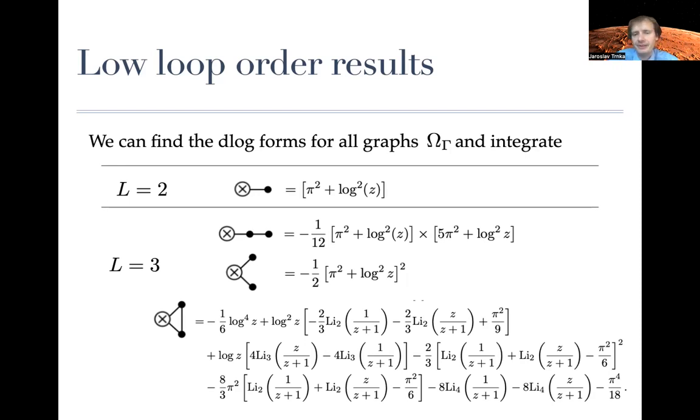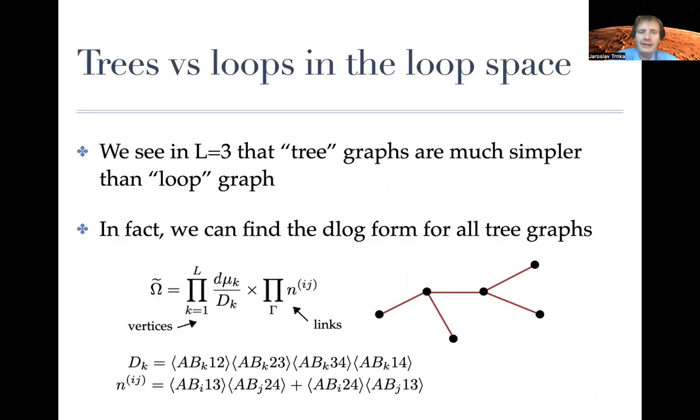Because I am already over time, let me just say what this approximation is. The approximation is that the only graphs that we take are the tree graphs in our notion of what the tree means. Again, these are still loop integrals, but these negative conditions form a tree graph.